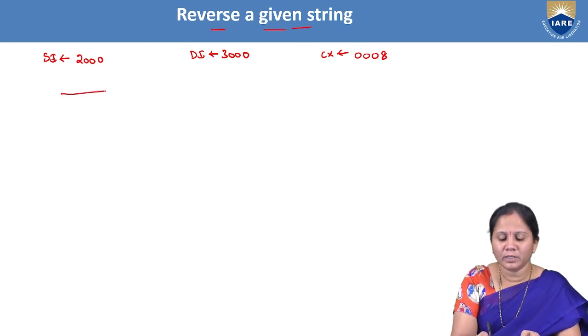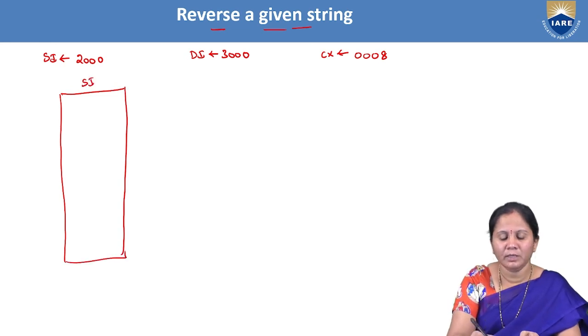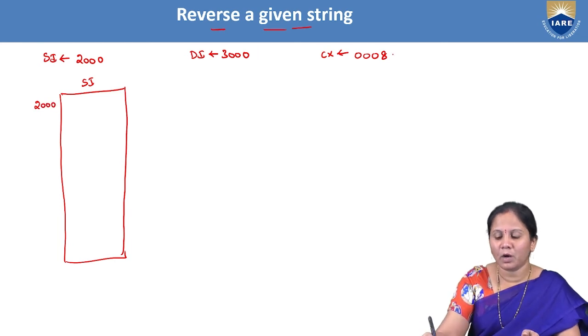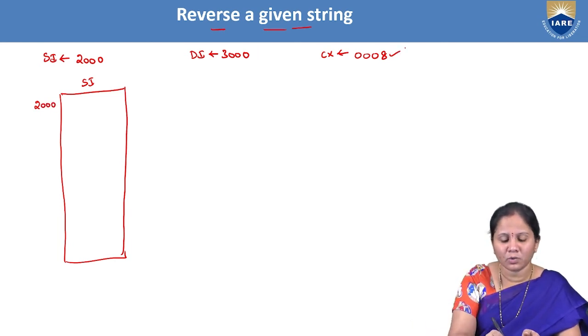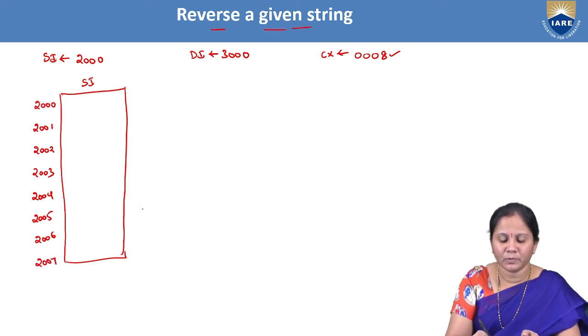Now, SI is a register which is initialized with a value 2000. The counter value is 8 here, so we have to take 8 inputs: 2000, 2001, 2002, 2003, 2004, 2005, 2006 and 2007. These are the 8 inputs we have to take here.